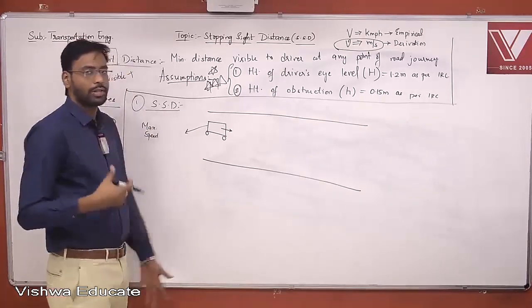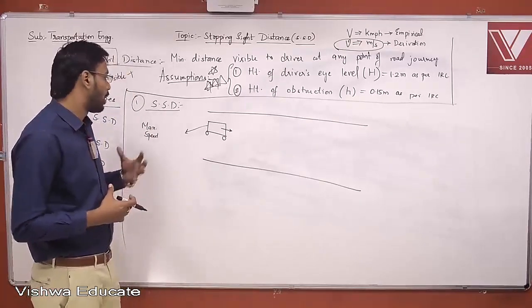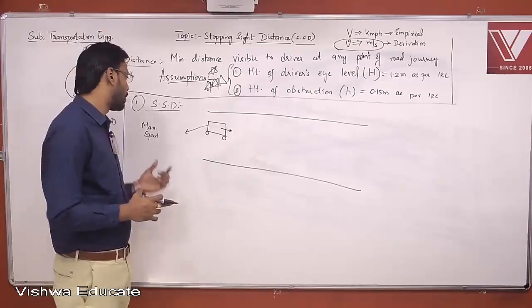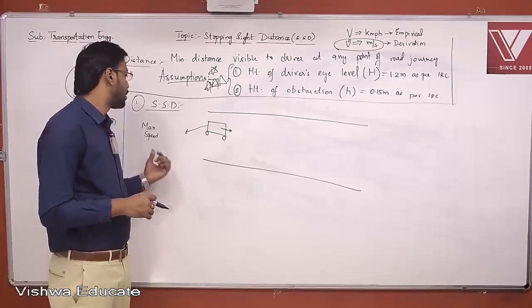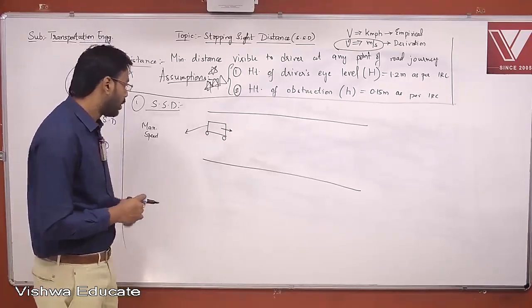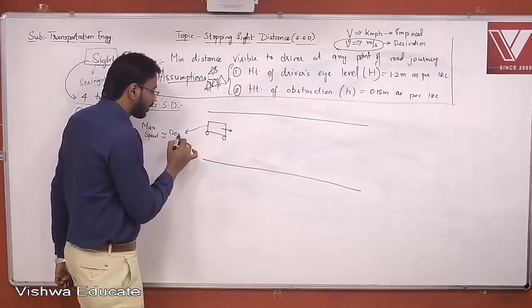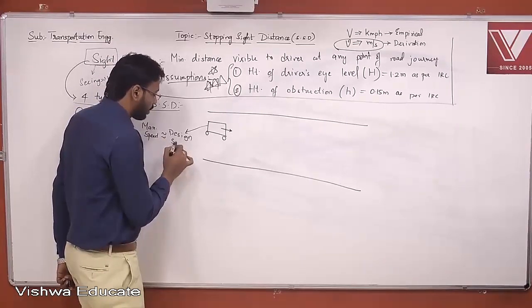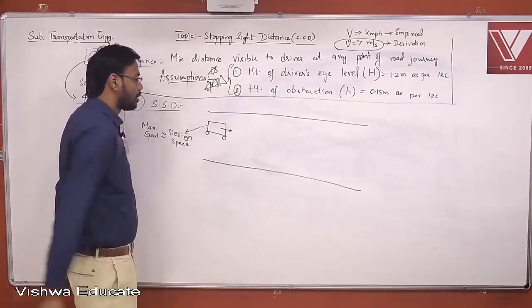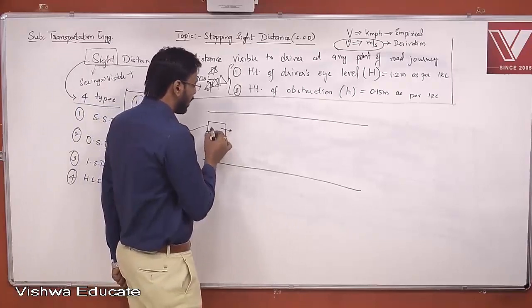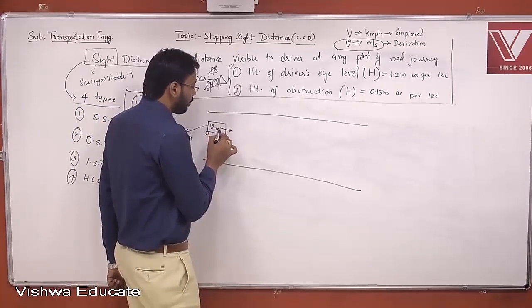Worst case, we always design for the worst case, right? So as a worst condition, you assume that this vehicle is traveling with maximum speed. And what is maximum speed? Maximum speed is nothing but design speed.